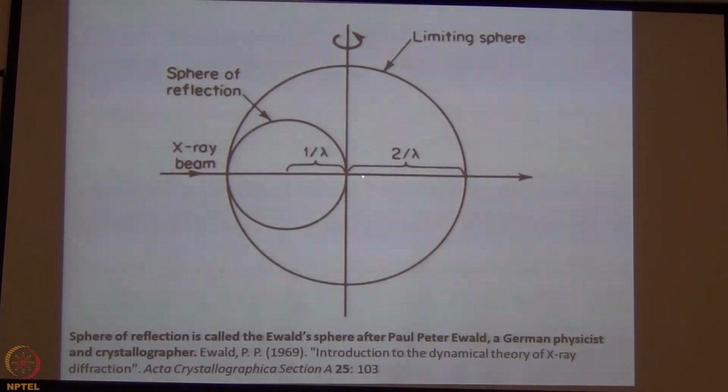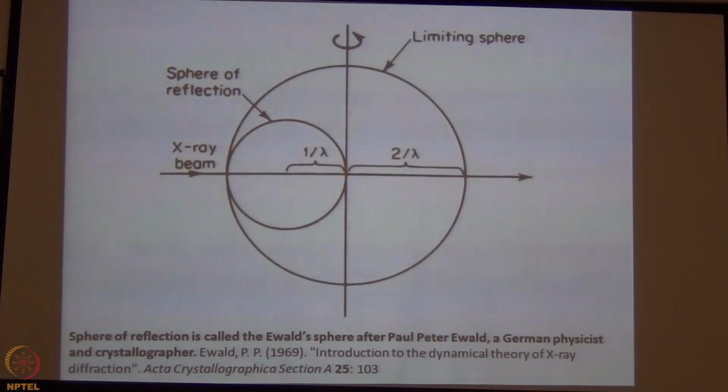Now, taking that as a circumference and this as the center, if I draw another sphere of radius 2 by lambda, I get something called a limiting sphere. Geometrically, all the reciprocal lattice points which fall within that sphere of radius 2 by lambda, by rotation of the crystal which is placed here, can be made to pass through that sphere. The ones which are outside this sphere cannot be made to pass through that sphere.